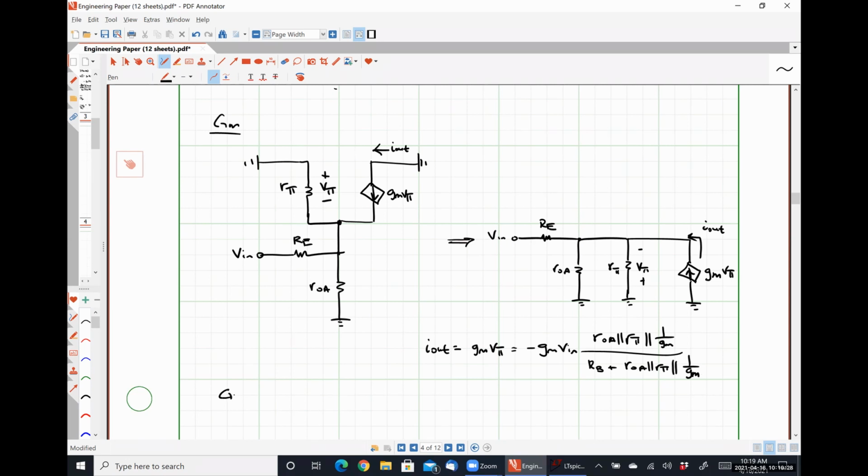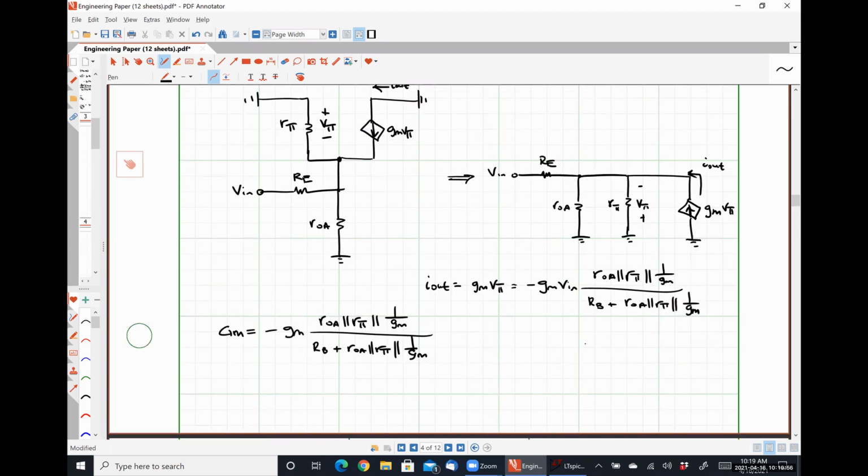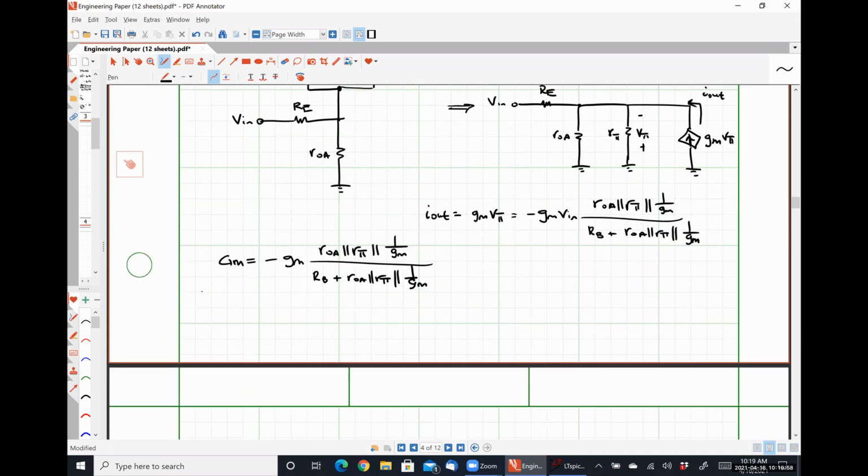That gives us a short circuit transconductance of negative GM times R naught A in parallel with R pi in parallel with 1 over GM, over RB plus R naught A in parallel with R pi in parallel with 1 over GM. So we have half the work done.